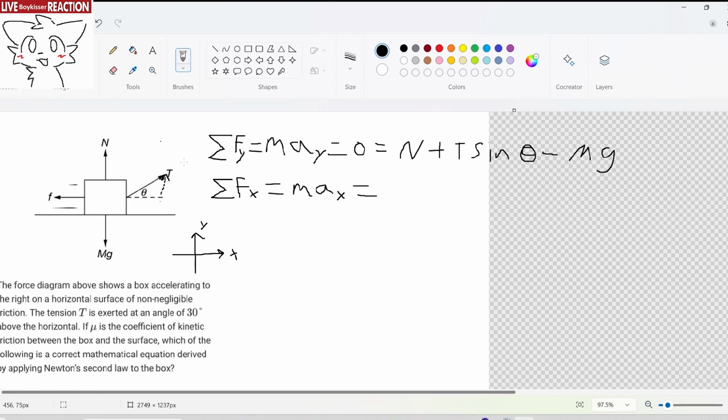So let's choose right as positive. T cosine theta minus mu N. So the reason we said mu N is because the force of friction is given by mu N.